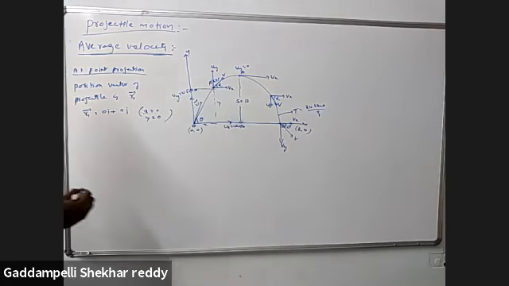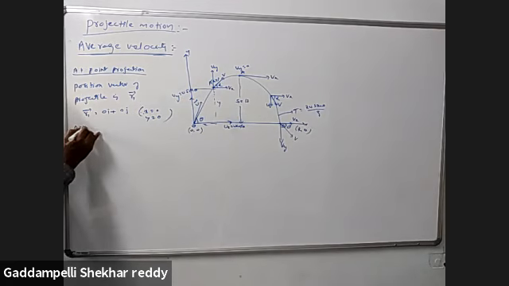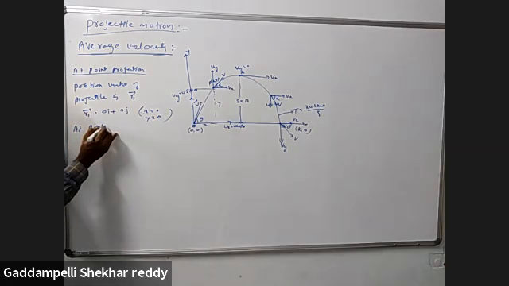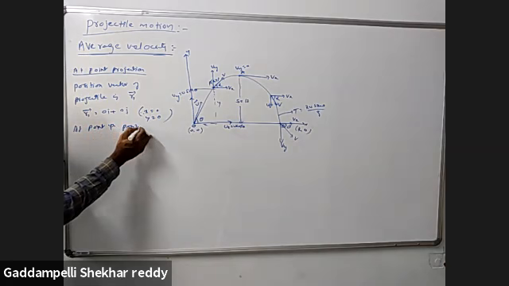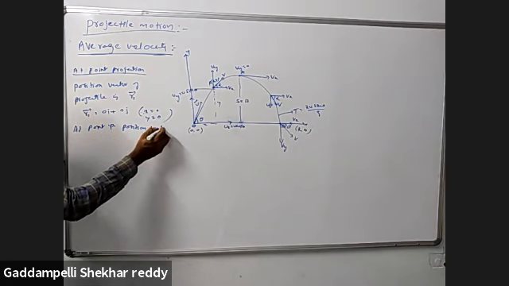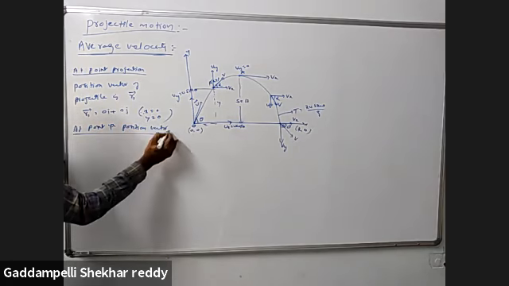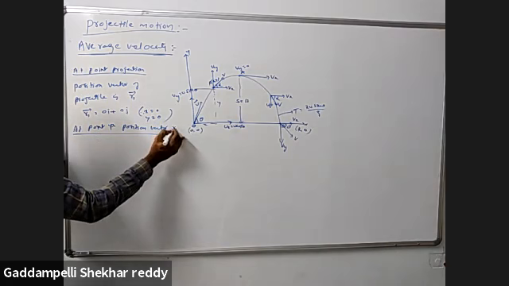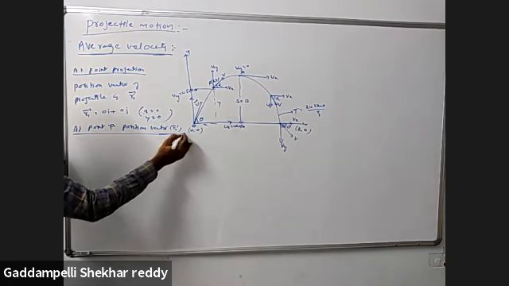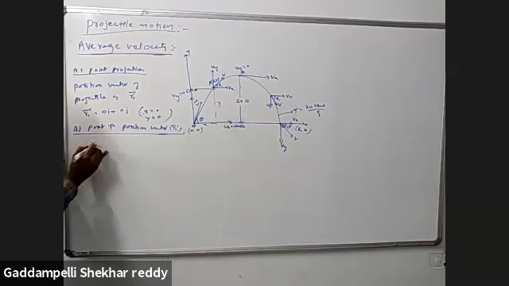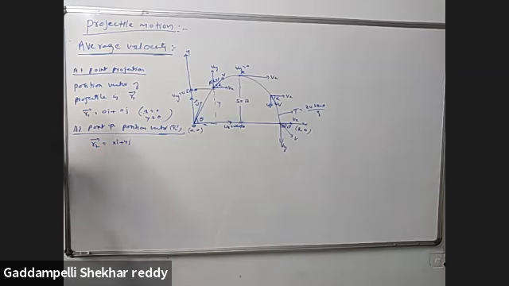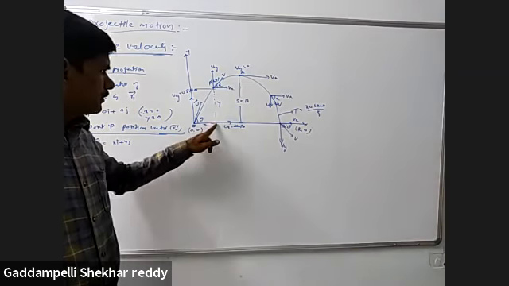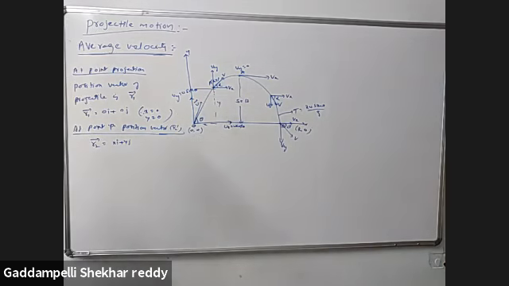At point P, the position vector R2 bar is equal to xi plus yj, because of the x displacement in the x direction and the y displacement in the y direction.